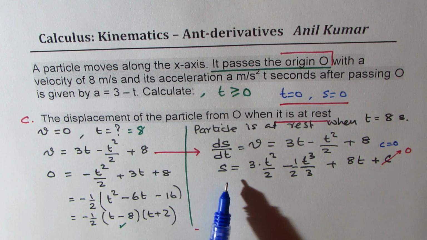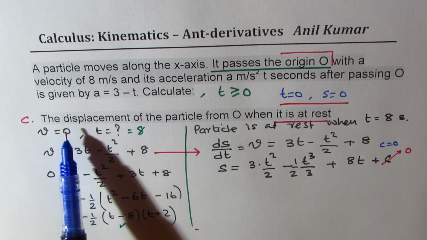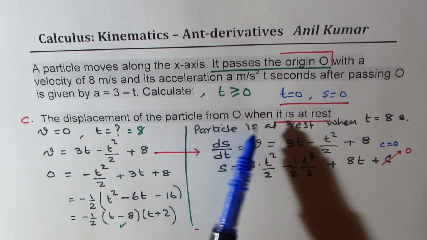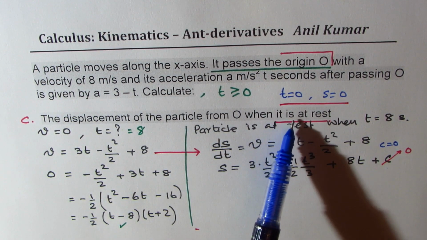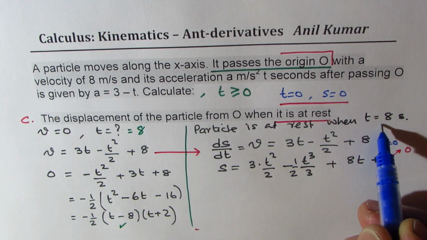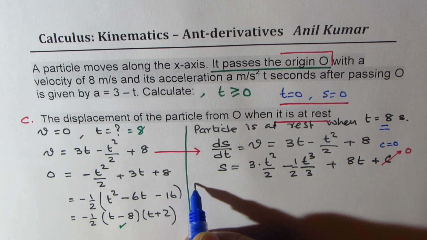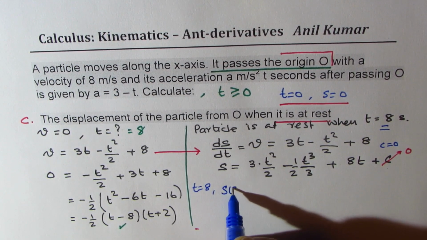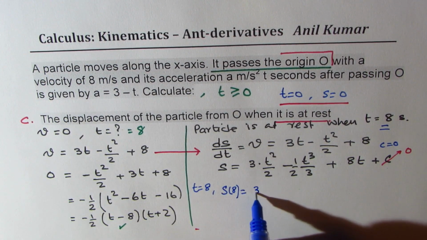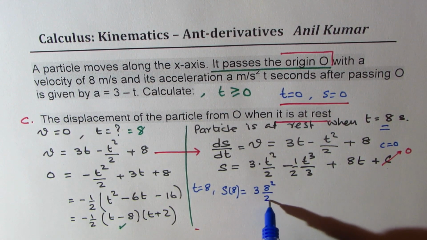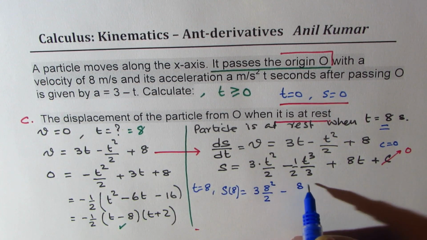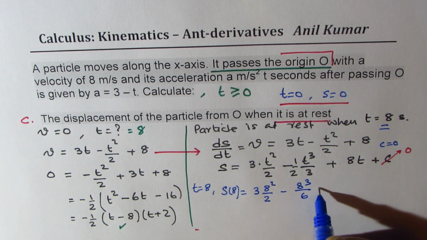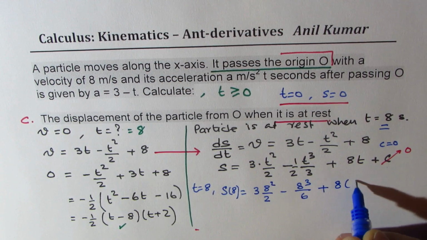We need to find how far, or the displacement of the particle from O when it is at rest. It is at rest when t equals 8. So let's write t equals 8 for this expression. So s of 8 is equal to what? We get 3 times 8 squared over 2, right, minus 8 cubed over 6 plus 8 times 8.